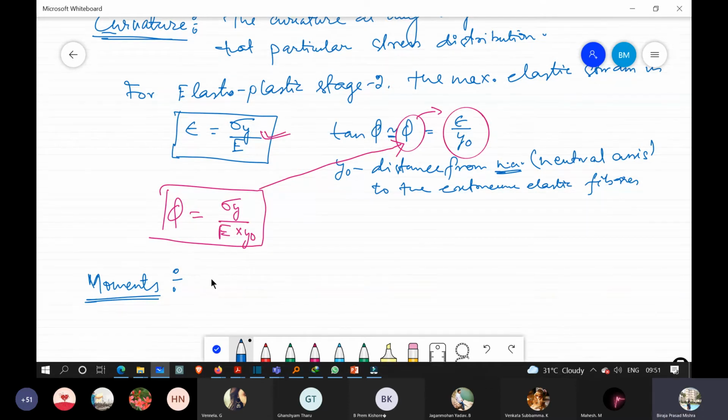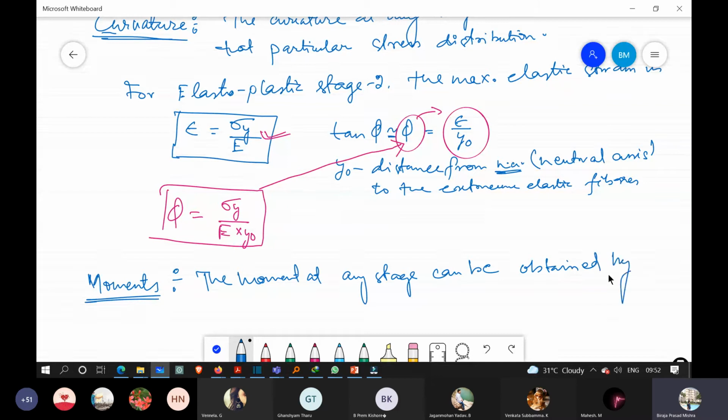The moment at any stage can be obtained by integrating in the stress areas.